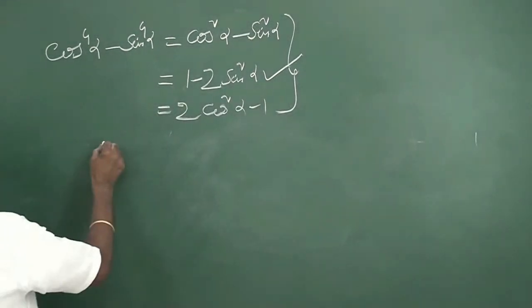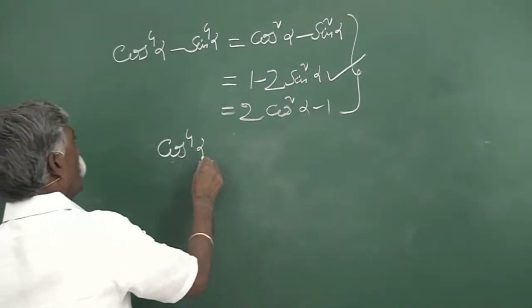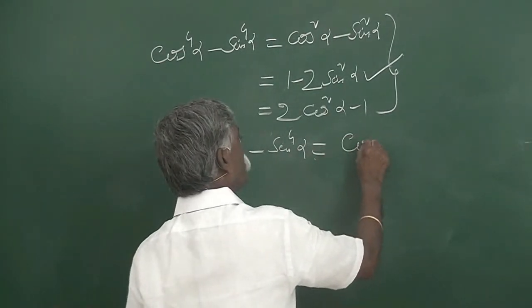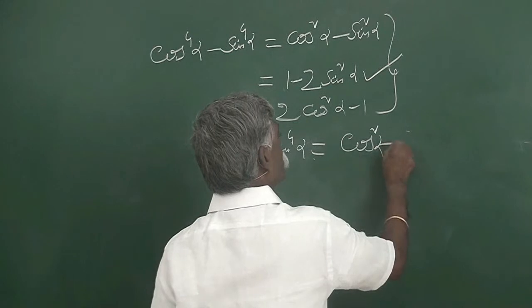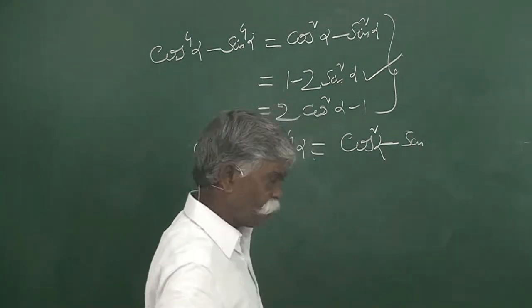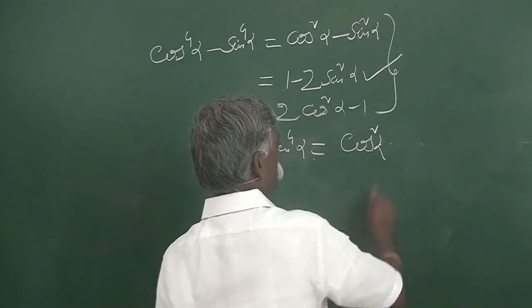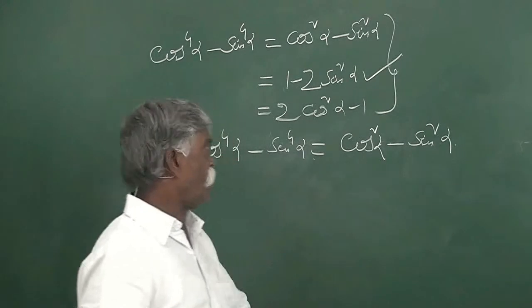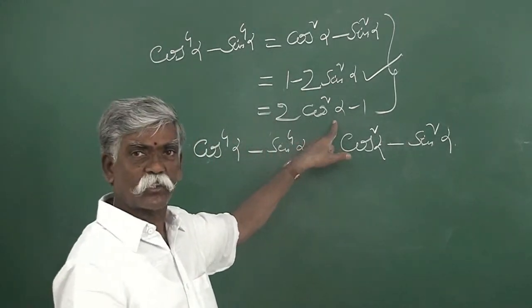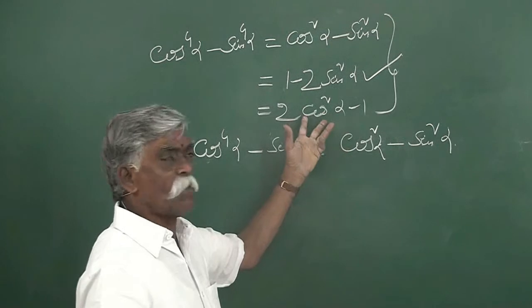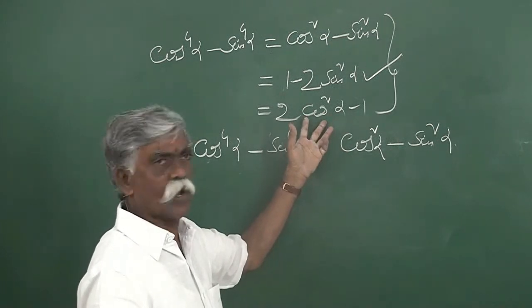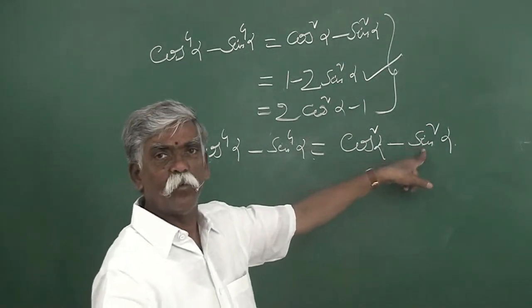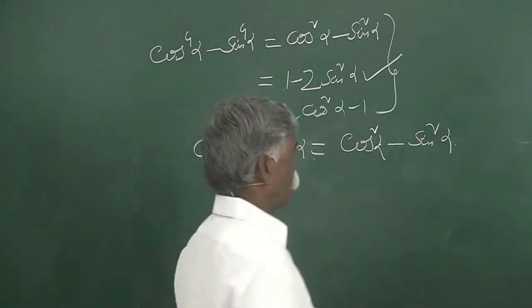To prove the third result, cos power 4 alpha minus sin power 4 alpha is, first we have proved that it is cos square alpha minus sin square alpha. Now here we are asked to prove that it is equal to 2 cos square alpha minus 1. That means it is complete in terms of cos. Therefore, this is cos and this is sine. The sine square alpha, we have to convert it into cos.